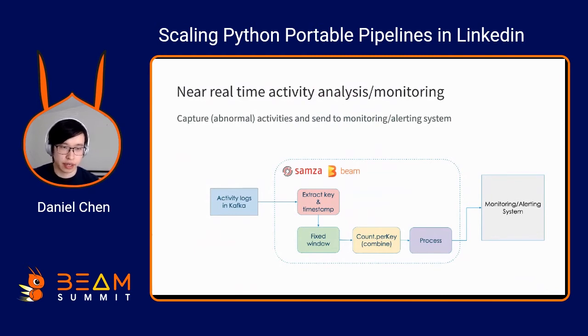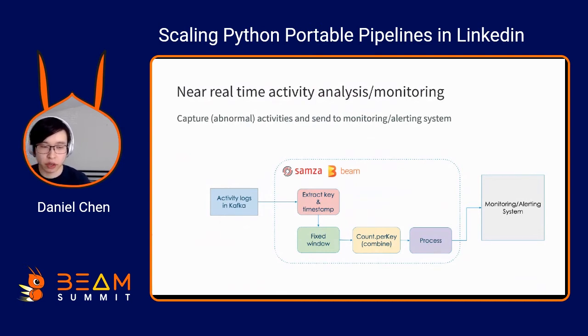And how this works is especially to detect abnormal activities. When an abnormal activity occurs inside a specific host for a specific IP, this gets extracted and combined into a fixed window. And if that threshold exceeds some set amount, this triggers an alerting system.